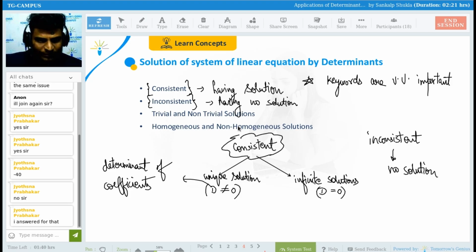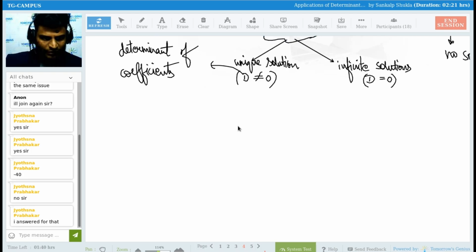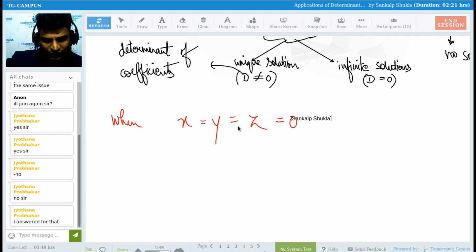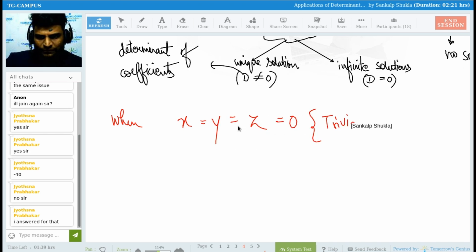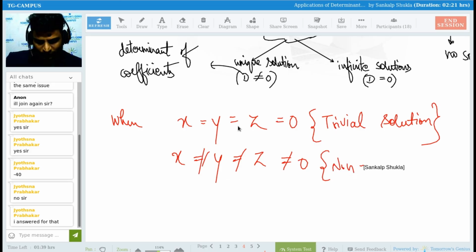Now what do you mean by trivial and non-trivial solutions? Trivial solution means when the values of x, y and z are 0. This is a special case and it is known as trivial. When x equals y equals z equals 0, it is known as trivial solution. And when x, y, z are not 0, then it is non-trivial.